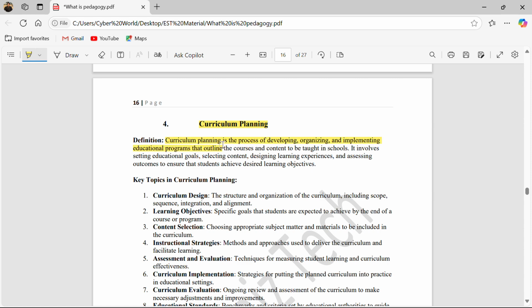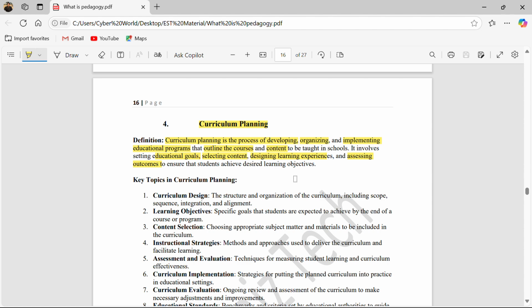Curriculum planning is basically the study of developing, organizing and implementing educational programs that outline the courses and content to be taught in schools. It involves setting educational goals, selecting content, designing learning experiences and assessing outcomes to ensure that students achieve the desired learning objectives.